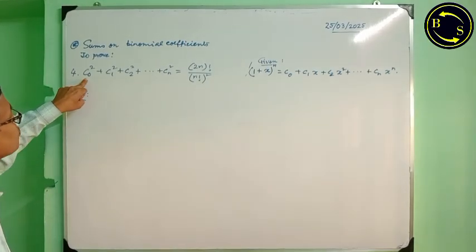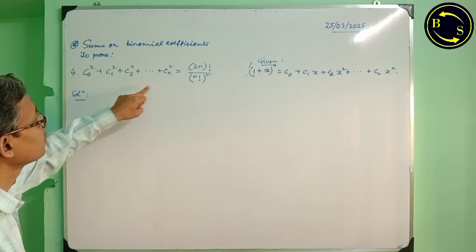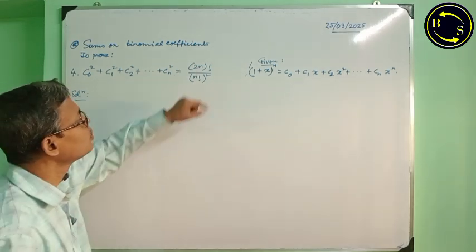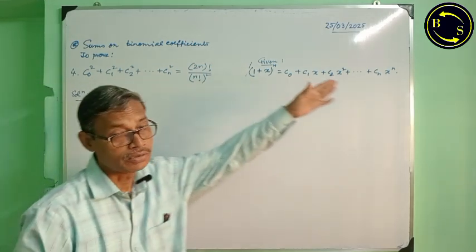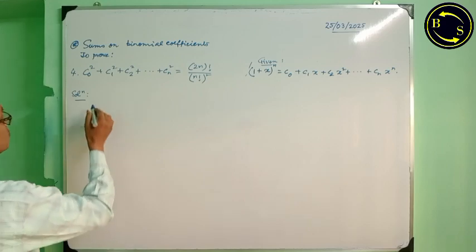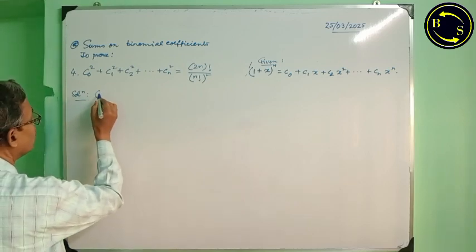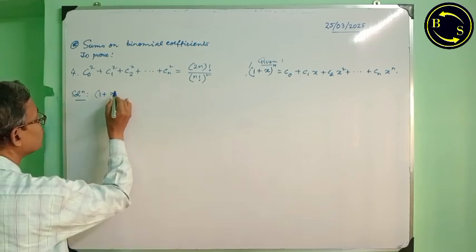To prove C0 square plus C1 square plus C2 square plus dot dot dot Cn square equal to this one. Given this one, (1 plus x) whole to the power n.